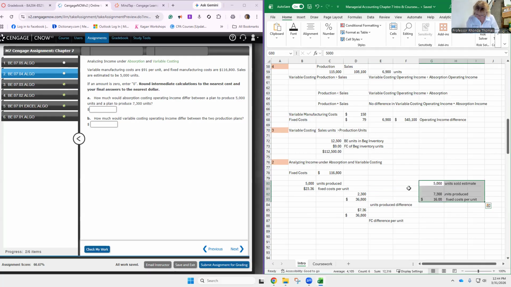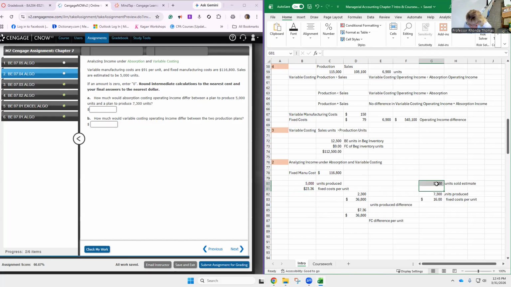Let me put this over here just a little bit so I get it out of the way. Okay. So we have a 5,000 sold estimate. We have 5,000 units produced. All right. So then our units produced is always divided into fixed costs, because these are fixed manufacturing costs. Okay. Manufacturing is the key. So if we only had 5,000 units, the fixed cost per unit would be $23.36.